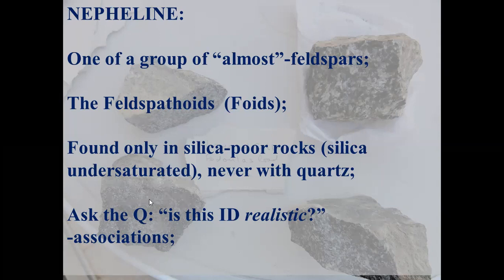So when you are doing your identification, the question you need to ask yourself is: is this ID realistic? Do I really think this is Nephilim? And that's where you would look at the other minerals that you think you've got in your hand specimen. So, for example, if you think you've got quartz in there as well, you've made a mistake on one of them. So that is Nephilim.